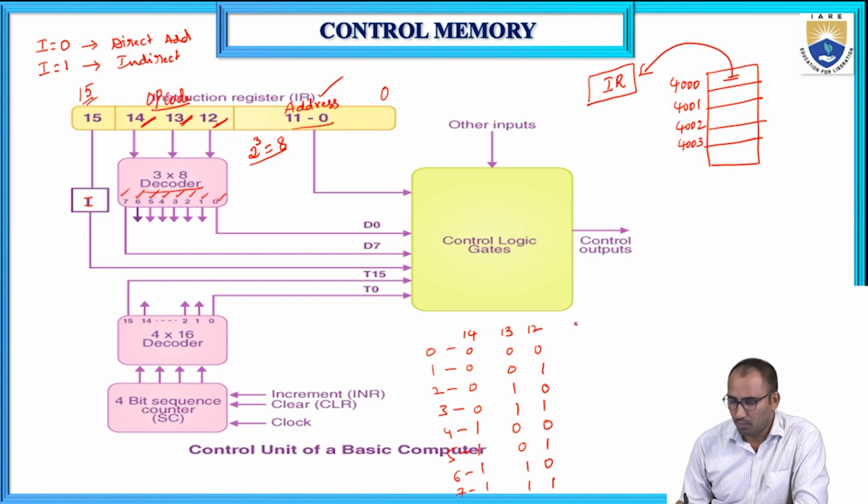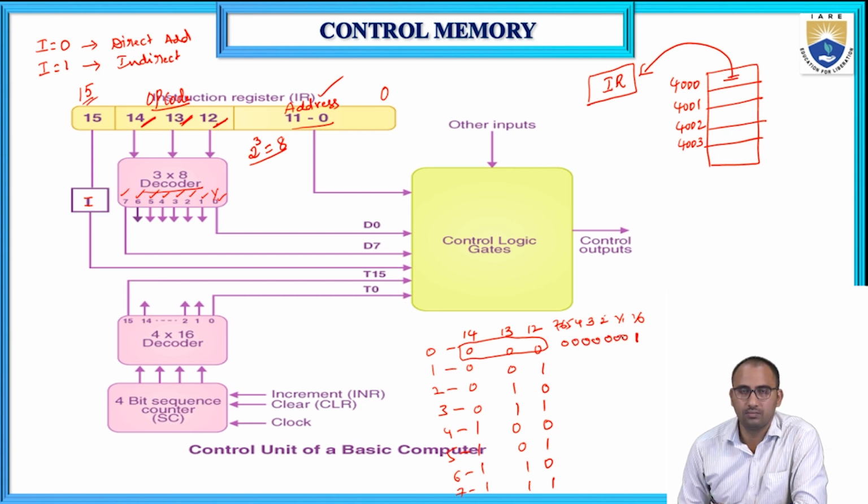So 8 outputs. Coming to the outputs, if you represent y as the output, then y0, y1, y2, y3, 4, 5, 6, 7. Okay. So if all inputs are zeros, then only the y0 output will be logic 1 and all the remaining outputs are logic zeros.